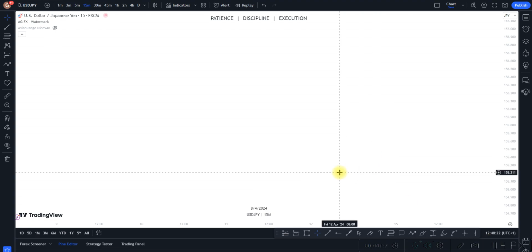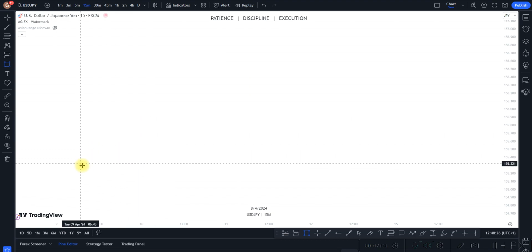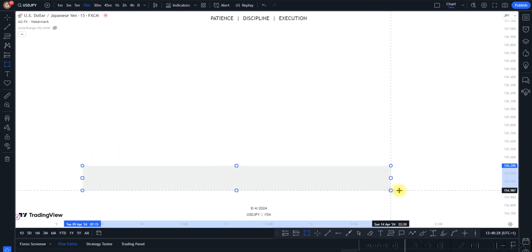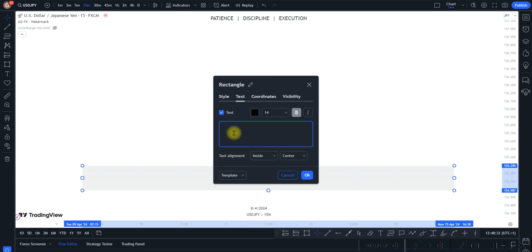Okay, now let's look at the support zone. Let's assume we have a zone like this. We can simply call it support.